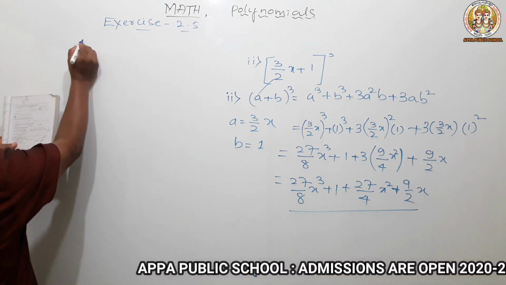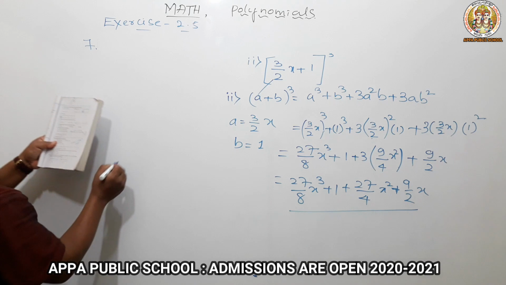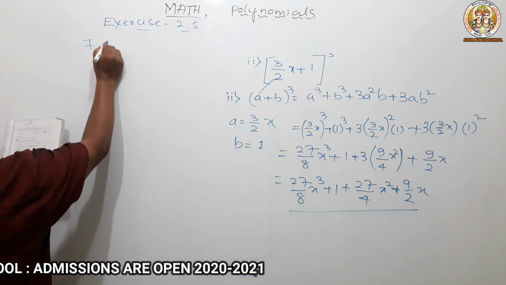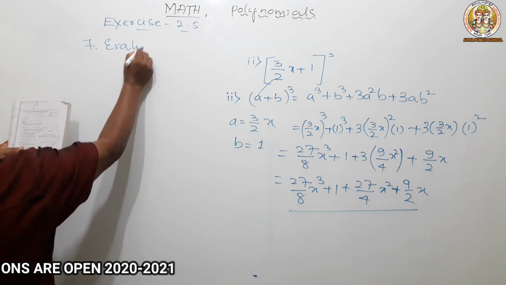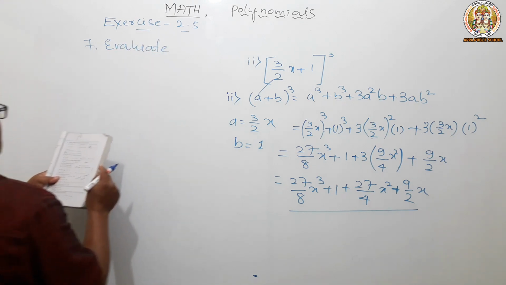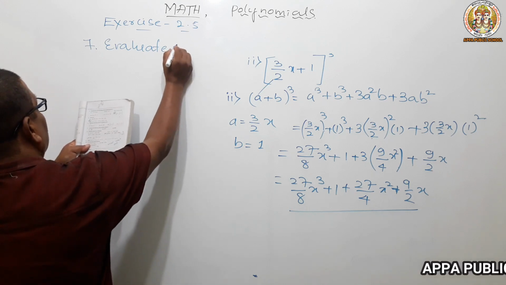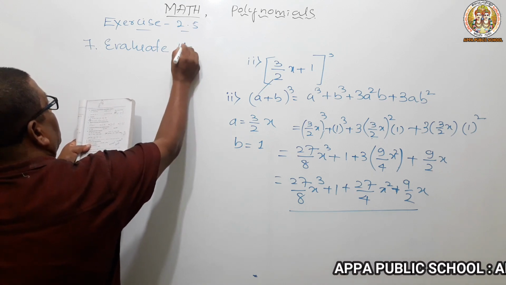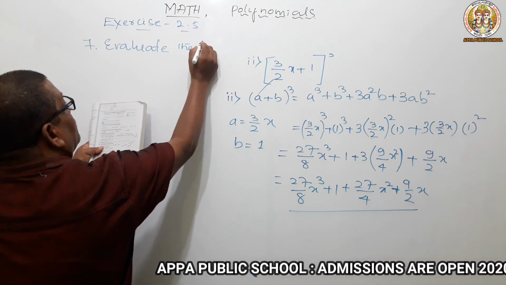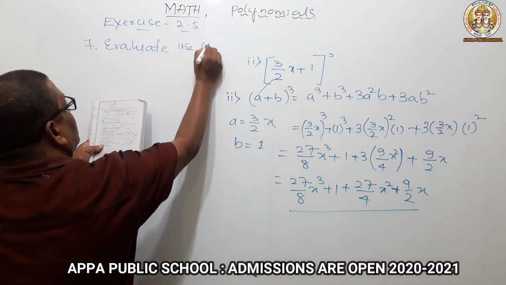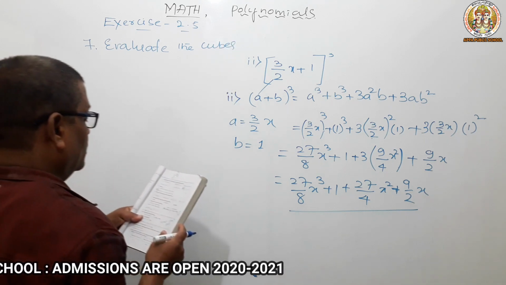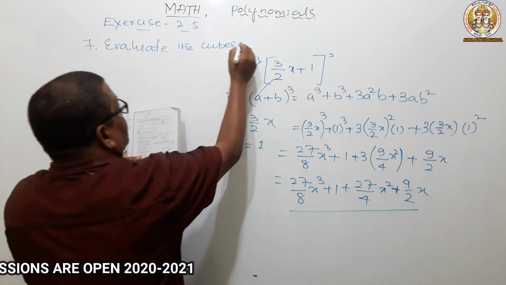Okay, what is the 7th bit? Evaluate the following cubes using suitable identity.